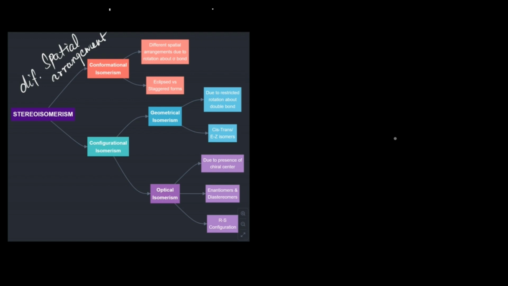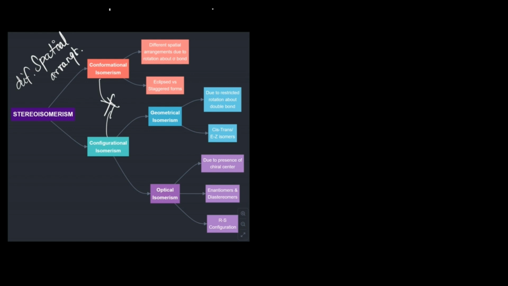This has a further classification of conformational and configurational. Guys, please be aware, conformations and configurations are entirely different. Conformations have different spatial arrangements due to rotation about a sigma bond. So let's see this in detail.